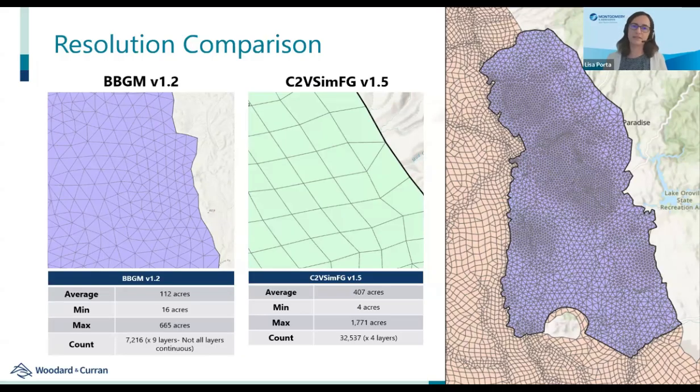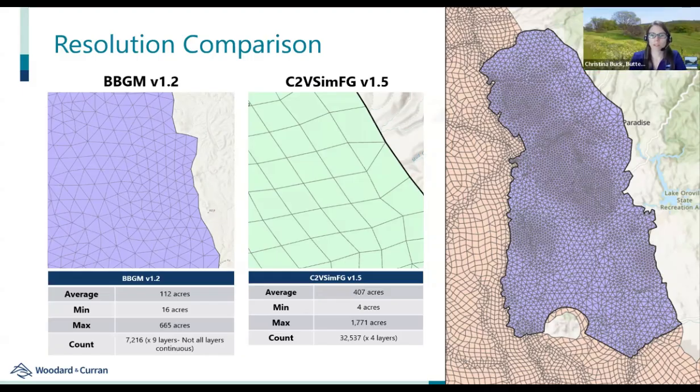You don't want to have too many layers, but there's an approach to that. A big regional model will have fewer layers because it's looking at a bigger picture, but BBGM is more refined to represent local conditions better. So the difference is there.